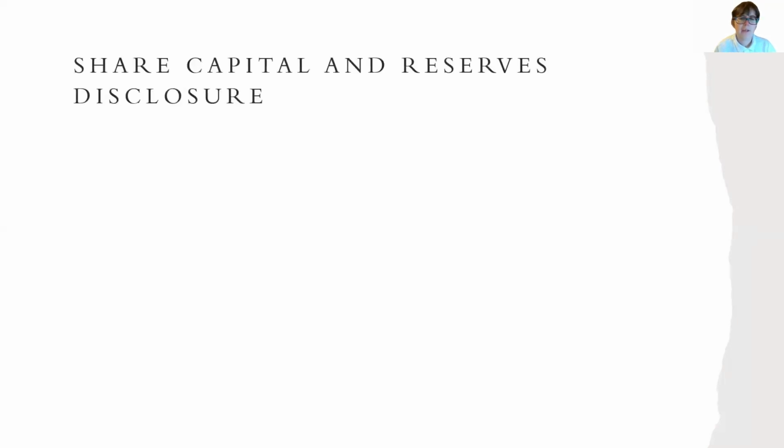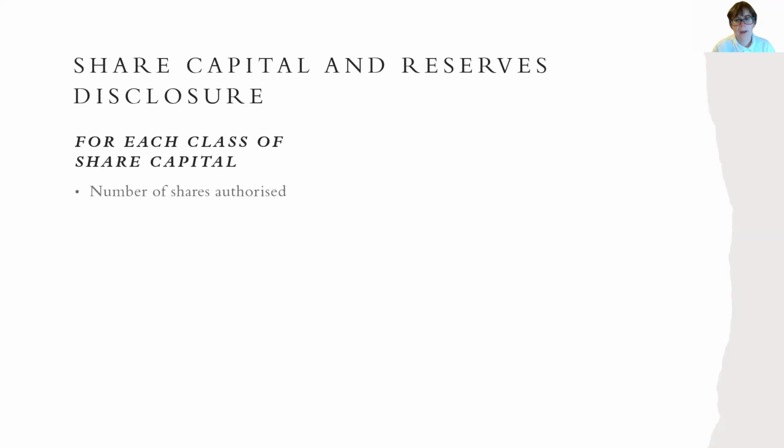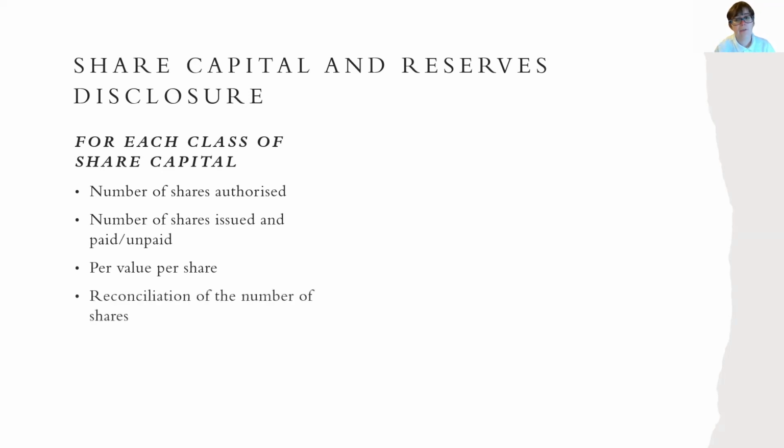So share capital and reserves disclosure then. So for each class of share capital, you must disclose how many shares have been authorised, how many shares have been issued and paid or unpaid, and what is the value per share. There will then be a reconciliation needed to be done for the number of shares, as well as the shares held by the entity itself or that of subsidiaries.